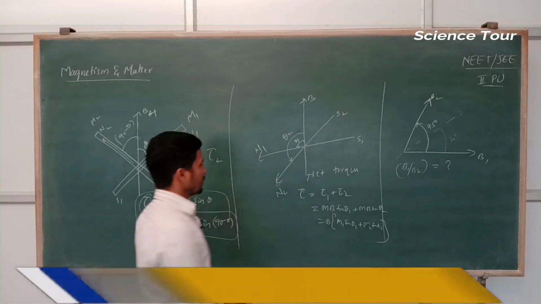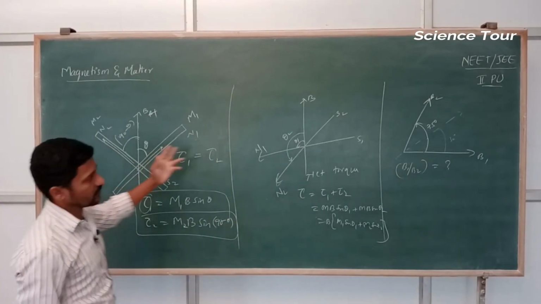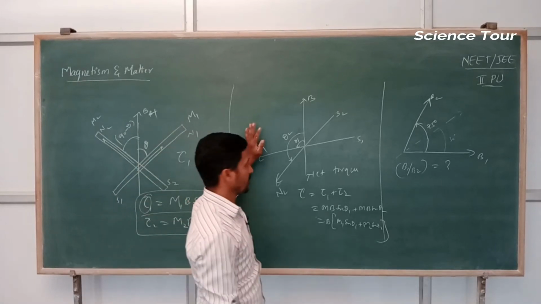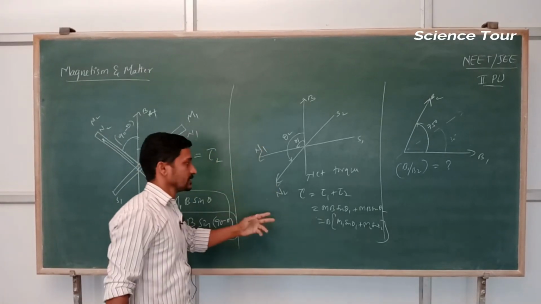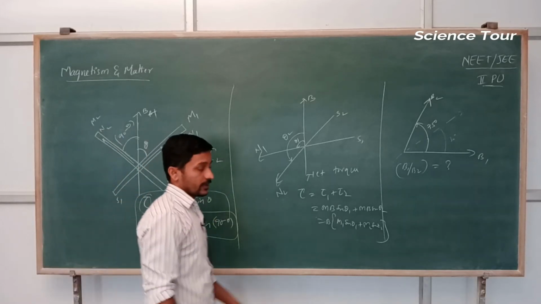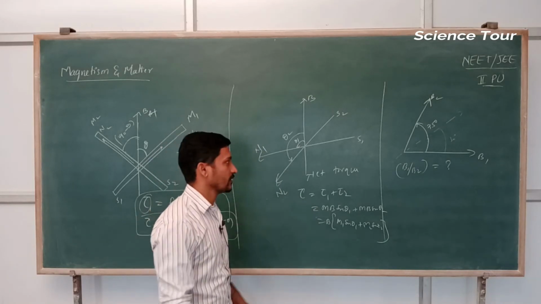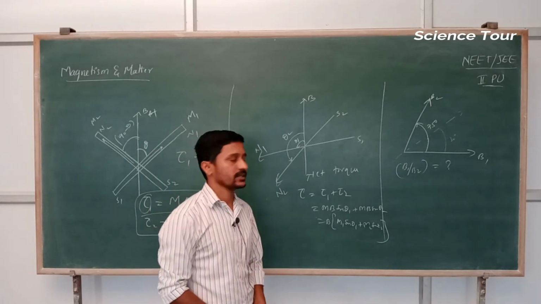This we have written for total torque, and this is also for equilibrium only. Both torques become equal, and I can write this to find out the magnetic moment also. The net torque can be written this way because it is a vectorial sum of the torques.